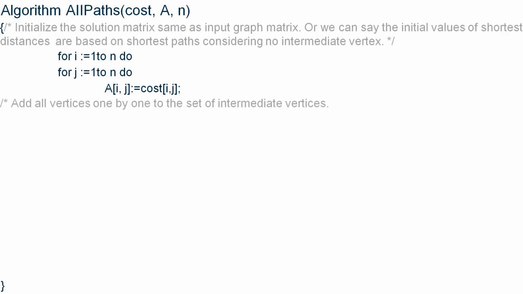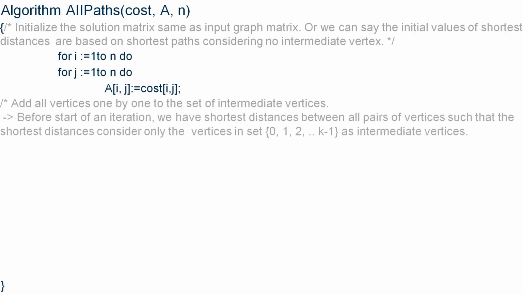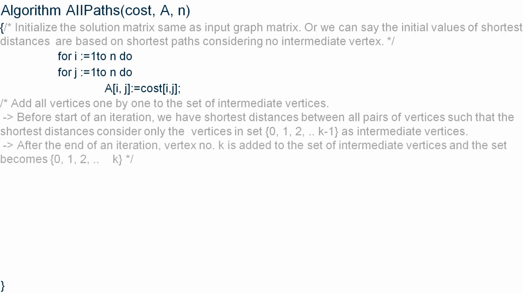Now we add all vertices one by one to the set of intermediate vertices. Before the start of the iteration, we have the shortest distance between all pairs of vertices such that the shortest distance considers only the vertices in the set 1 to k minus 1 as intermediate vertices. So for all the vertices included in this path, we select these intermediate vertices and try to find the shortest distance between them.